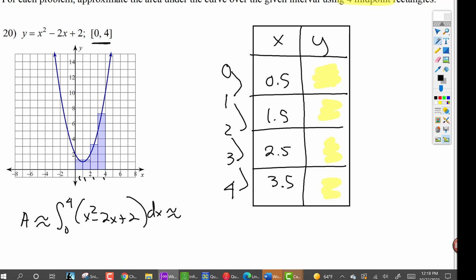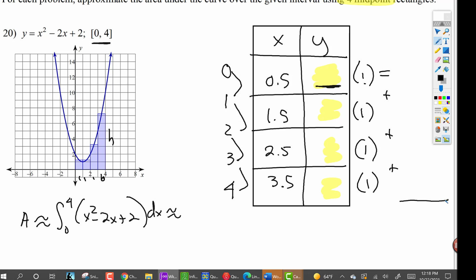Height times base. Well, all the bases are 1. So when you get this value, when you multiply it, we're just going to keep adding those up, and this total value right here will be that value right there. So that's how you do the midpoint one.